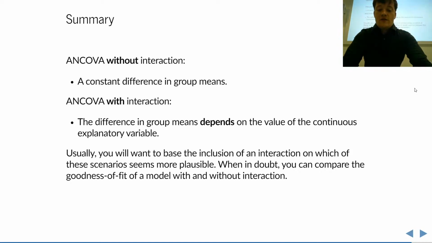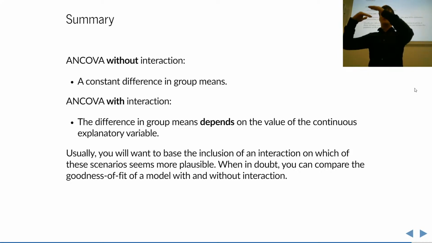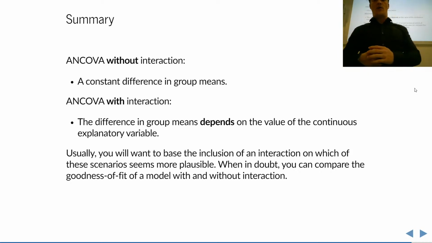Whether you want to have an interaction or not depends on what makes more sense from the point of view of your experiment. So if it's a biology experiment, think about the process and ask, does it make sense that this difference depends on this continuous variable? But if you're in doubt, you can use this AIC value, or you can use a test to decide for you.